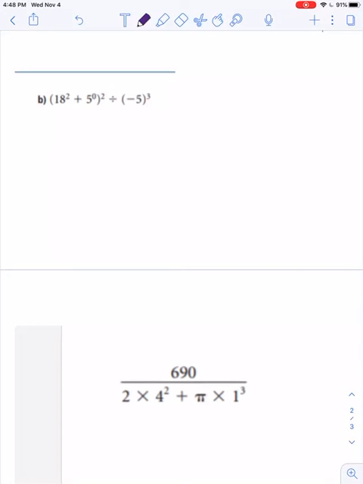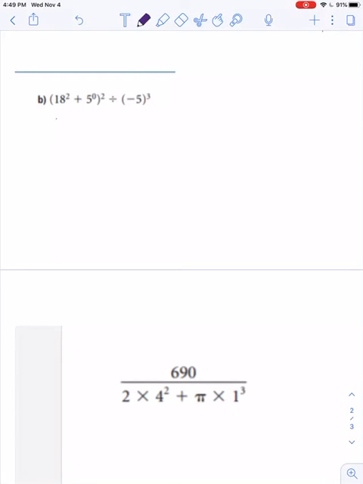Once again, we need to follow the priority of operations, so we need to do brackets, exponent, division or multiplication, and then adding or subtracting. In this case, we do have a bracket, so we're going to do our bracket first. In our bracket, we have 2 exponents and an addition. The first thing we're going to do is 18 to the power of 2.